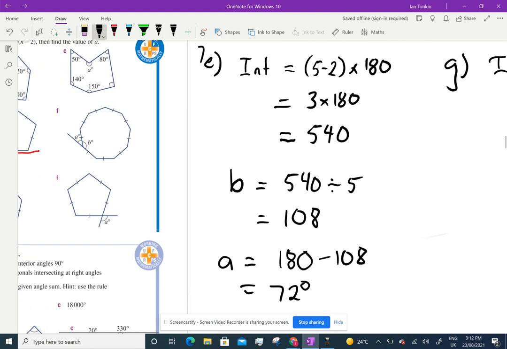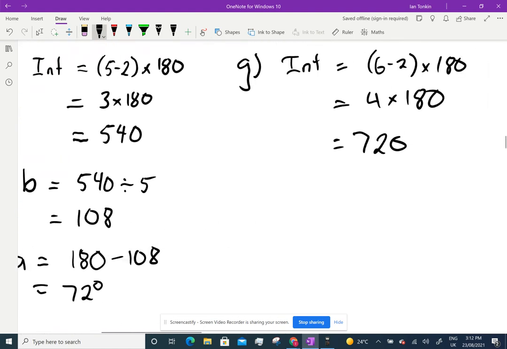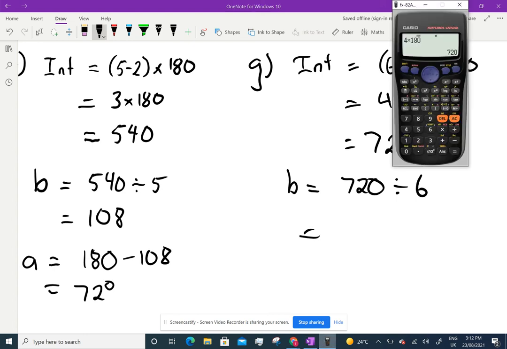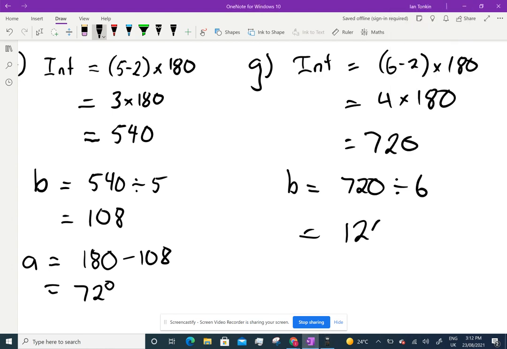And again, each angle is going to be the same. So B equals 720 divided by 6, 120.